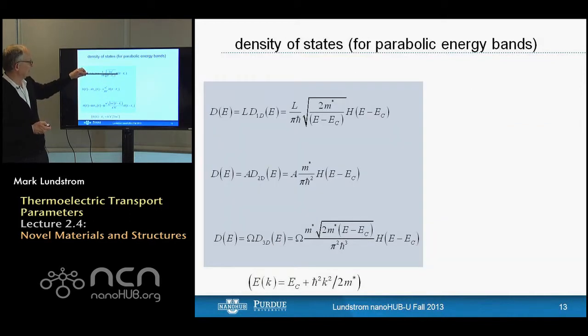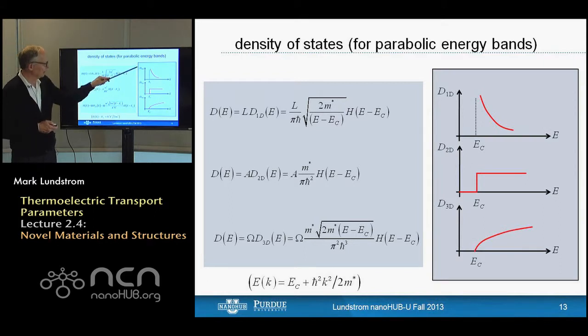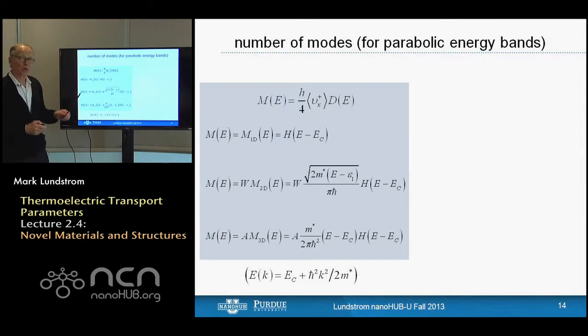So if we look at the density of states in 1D, 2D, and 3D, we will see that the density of states versus energy goes as the square root of energy in 3D, is independent of energy in 2D, and goes as 1 over the square root of energy in 1D. So they're dramatically different densities of states. But what we need to look at is the distribution of modes in energy, because that's the important quantity for the thermoelectric transport coefficients.